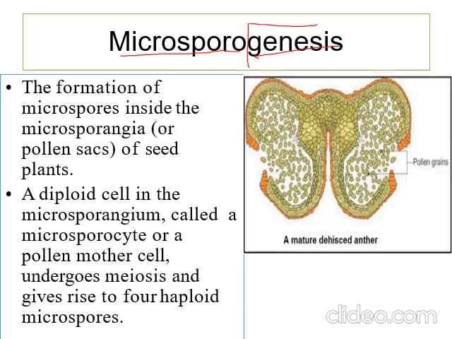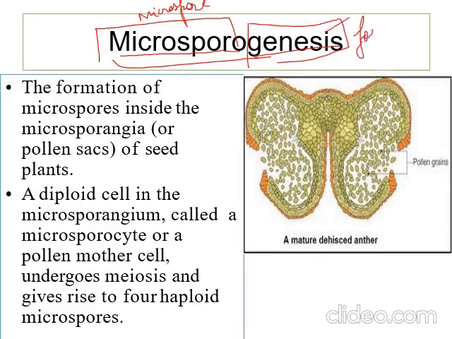So it is made up of two words, and if you go through the meaning separately, you will find that here is the microspores, and genesis means formation. So the formation of pollen grain is referred to as microsporogenesis.